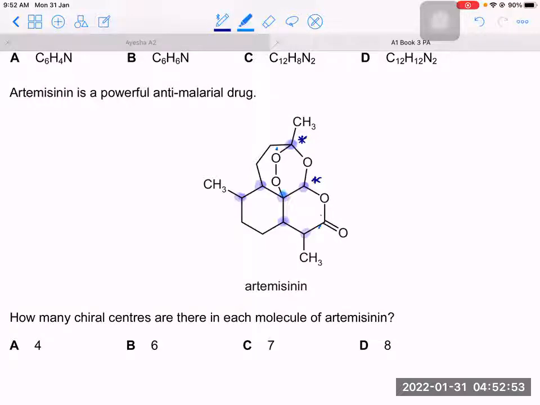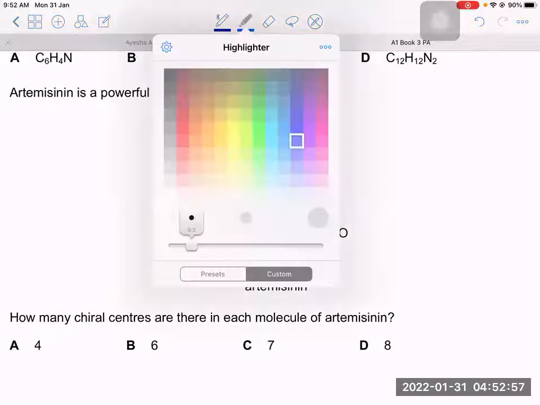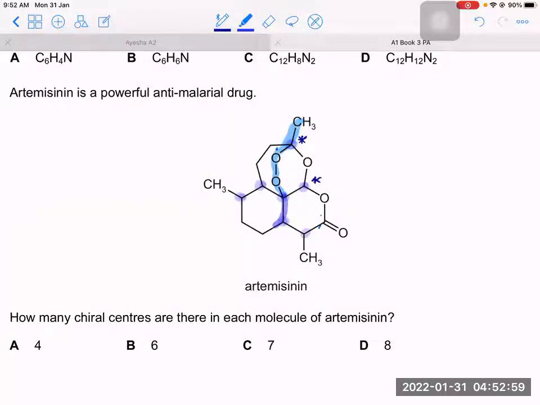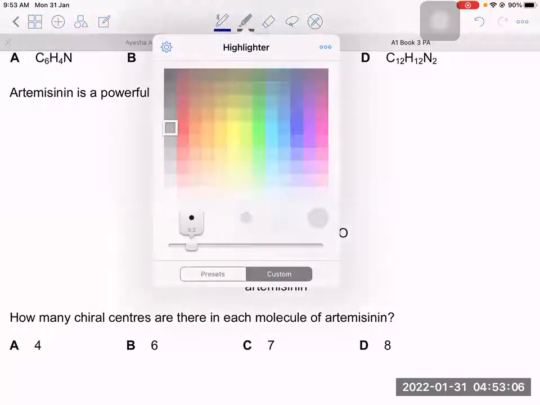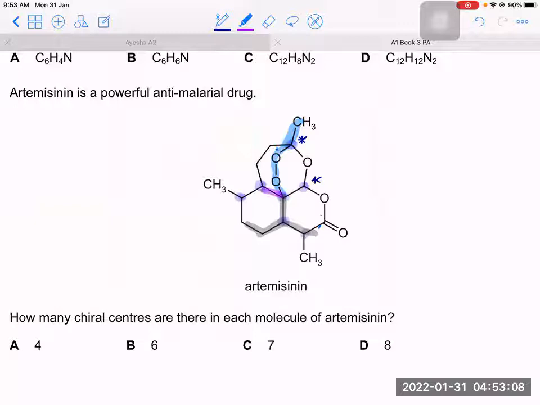Let's check this. This is 1 bond. Yeah. This is the 2nd bond. This is the 3rd bond. And this right here is the 4th bond. Are they all different?